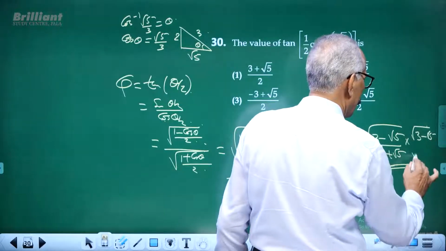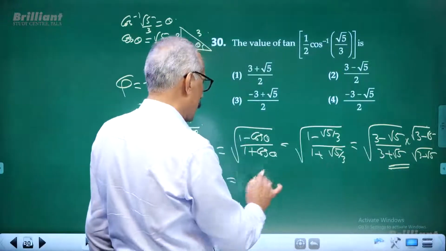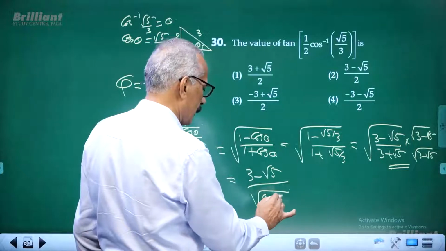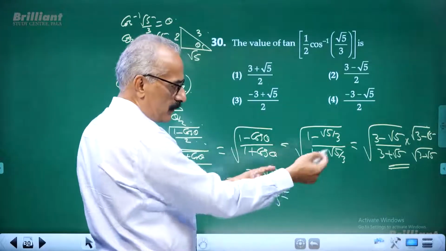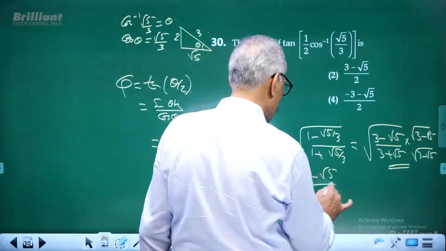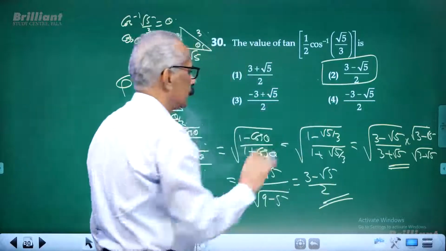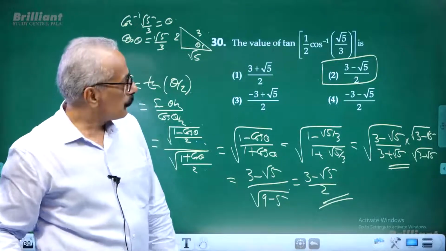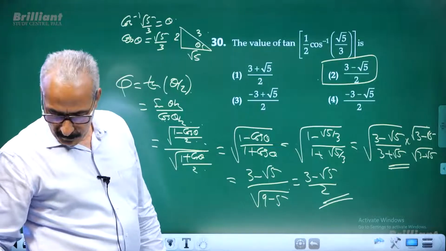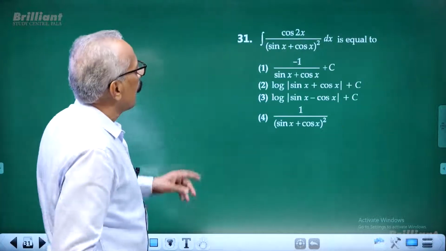The numerator will become 3 minus root 5, divided by the denominator, root of 9 minus 5, root of a square minus b square. 9 minus 5 is 4. That is equal to 3 minus root 5 by 2. Do you have the answer? 3 minus root 5 by 2, the second one. Your 30th answer, 2 is the option. Fine. Now we will move on to 31.